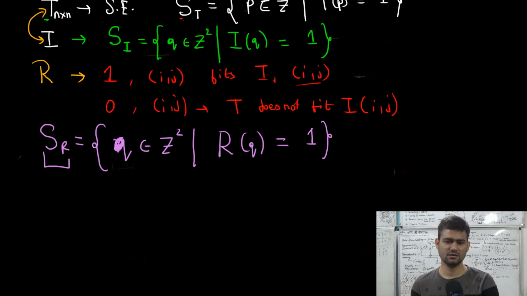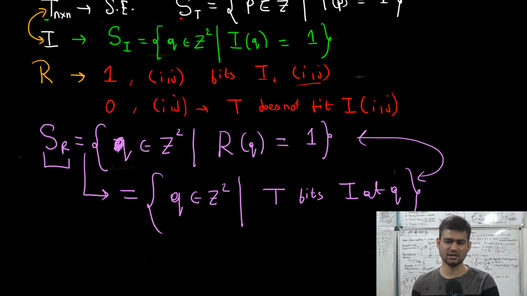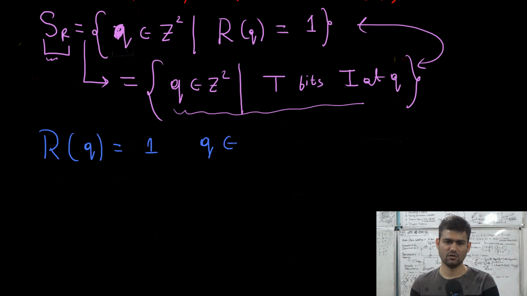And this set is also equal to the set of all pixels Q in Z square such that T fits I at Q. So this is the set SR. We perform this operation, we get set SR, and to get the resultant image, we just set R of Q equal to 1 for Q belonging to set SR.